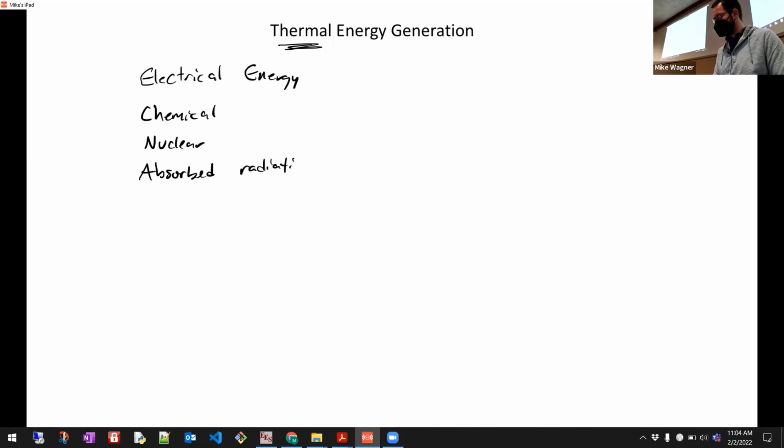Let's say you have a lens, some kind of a semi-transparent or mostly transparent thing. You hit that lens with a really high flux from, say, the sun or concentrated light. There's going to be some degree of absorption within that volume. Again, that looks like you're within the volume converting energy to thermal energy. So those are all possible examples of thermal energy generation.